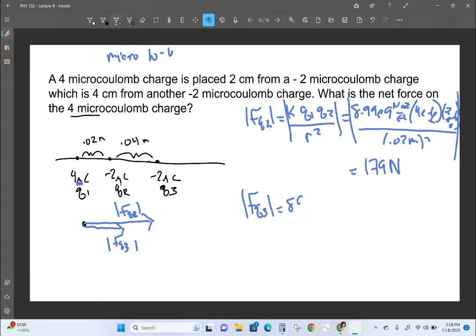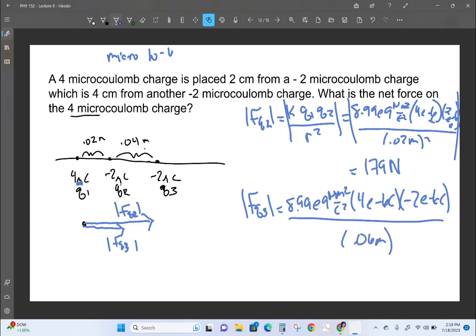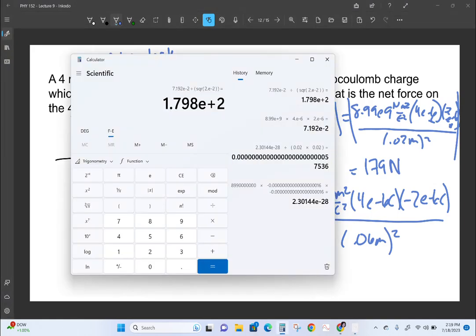F due to Q3 is going to be 8.99 e to the 9 newton meters squared over coulombs squared times 4 e to the negative 6 coulombs times negative 2 e to the negative 6 coulombs, all over the total distance. Well, the total distance is 0.02 plus 0.04, or 0.06 meters squared. I'm going to put this in the calculator: 8.99 exponent 9 times 4 exponent negative 6 times 2 exponent negative 6.